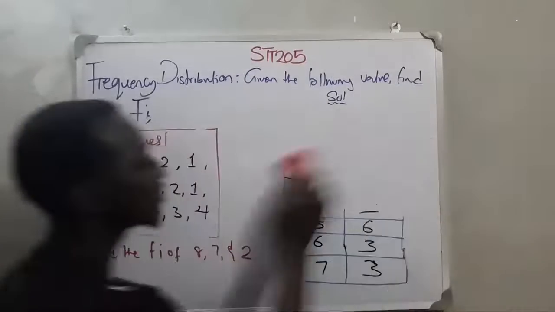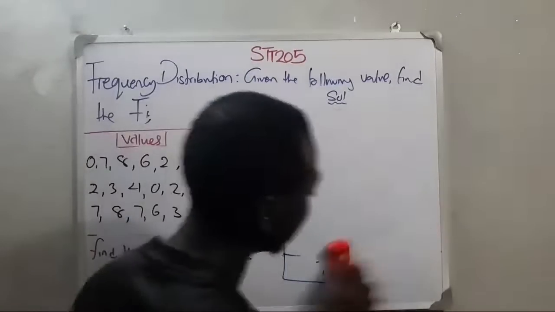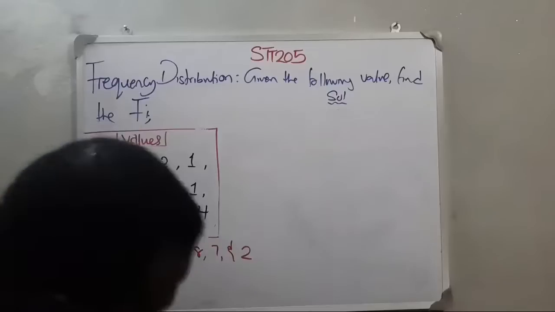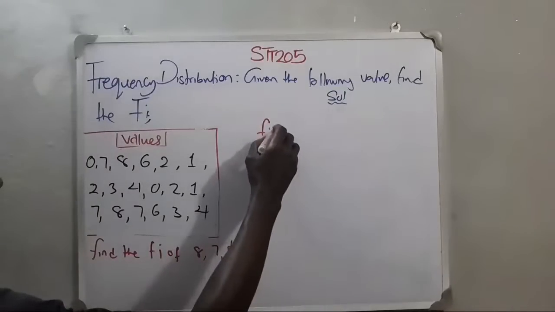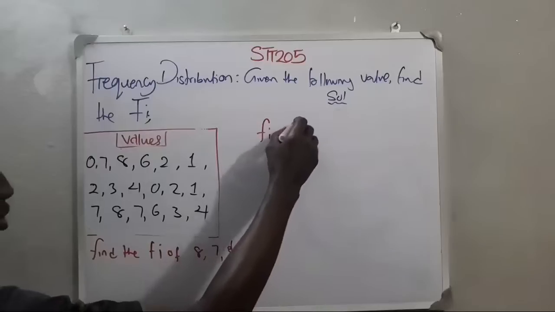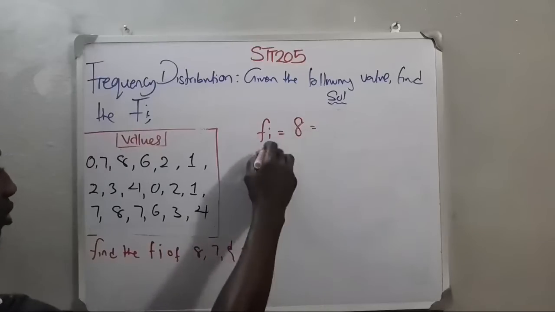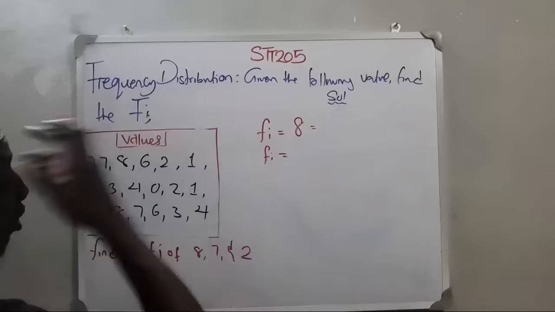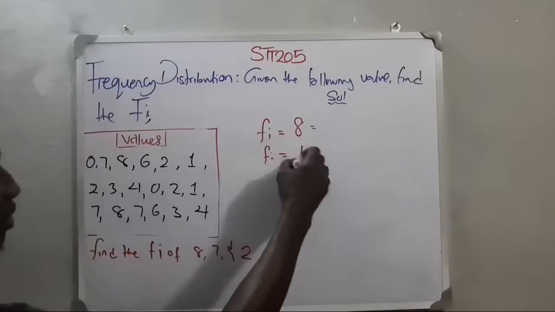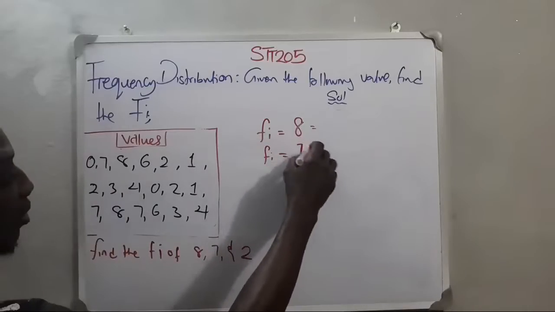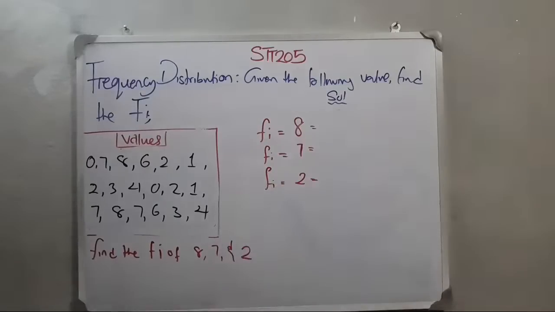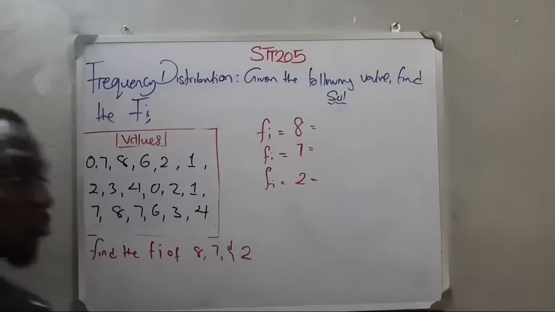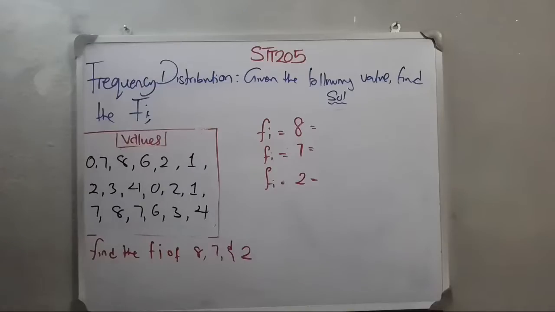In a situation like this, maybe in an objective question, you just come here. Fi of 8 equals, Fi of 7 equals, Fi of 2 equals. Now come here, you check your distribution, how many times is 8 appearing.